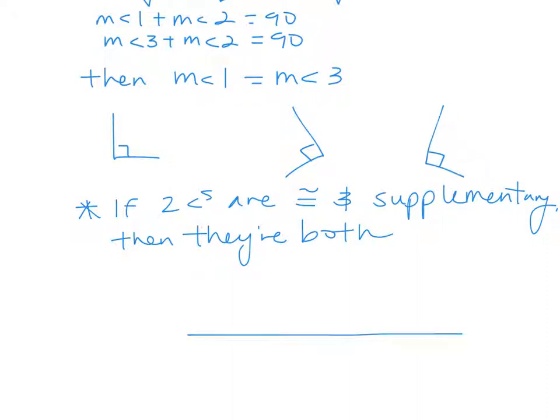Right angles. If they're supplementary, they'd form a line. If they're going to be congruent and supplementary, the only option is that they're both 90-degree angles. If they are congruent and supplementary, they're both going to be right angles. Okay.